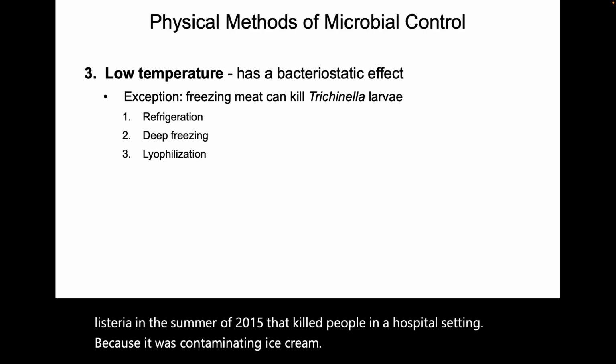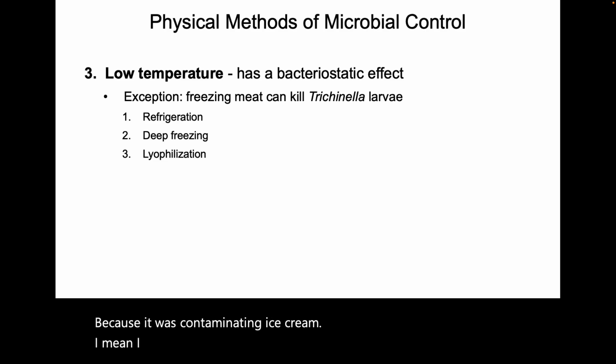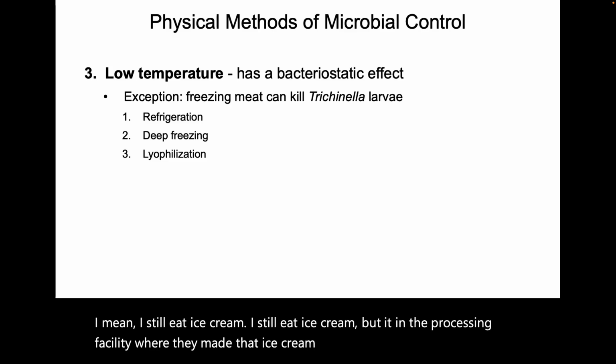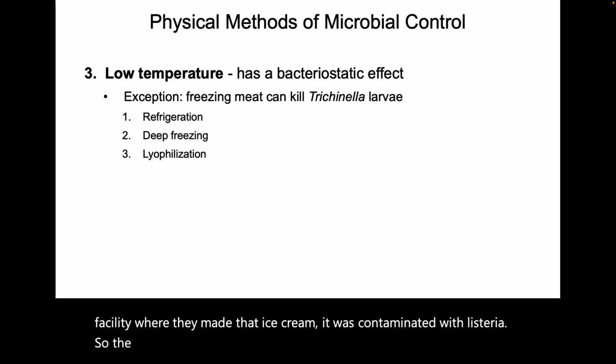So, I still eat ice cream, but in the processing facility where they made that ice cream, it was contaminated with listeria. So the ice cream was contaminated with listeria, and obviously you freeze ice cream.